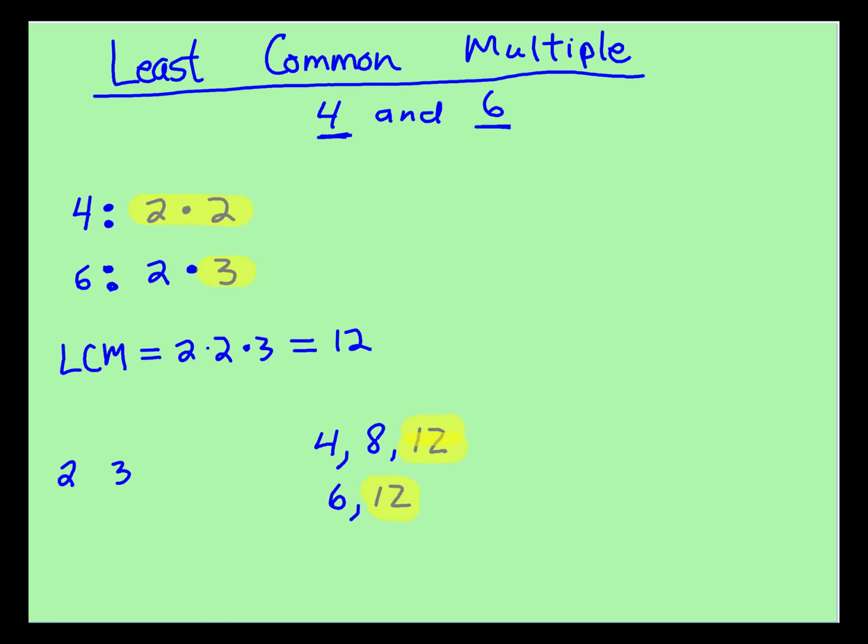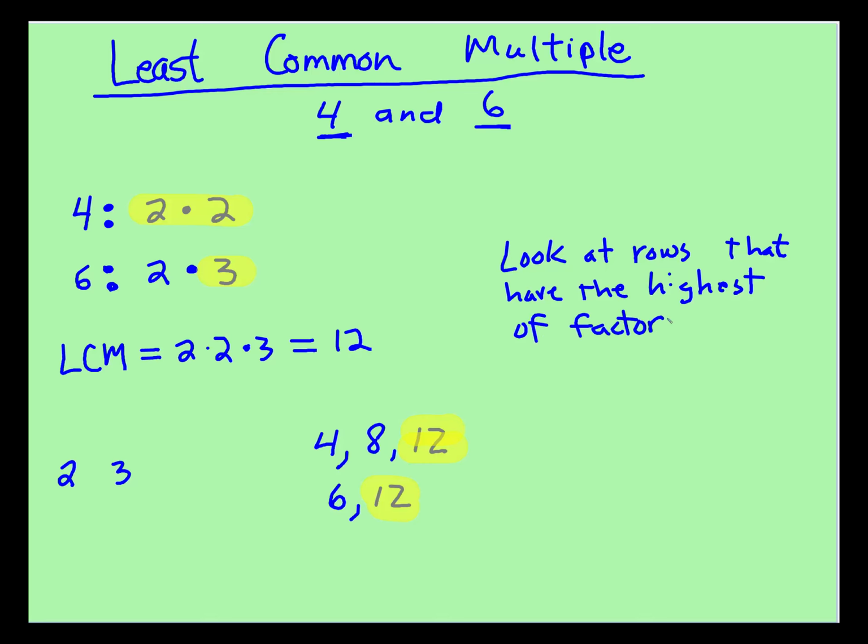So the steps are, you look at the rows that have the highest number of factors of one type. That's important, of one type.